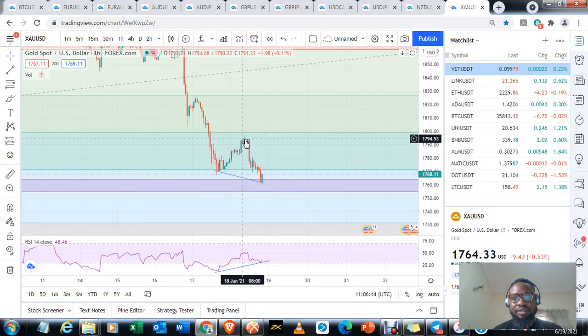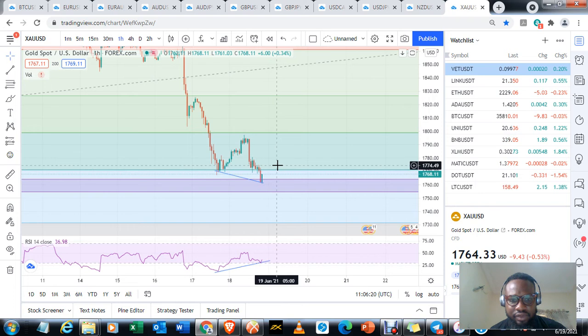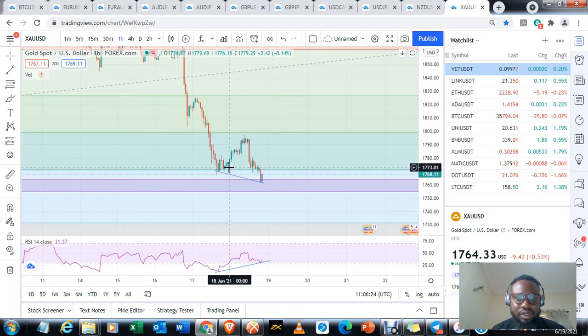So price is most likely going to go the opposite direction this way. And this just adds more confidence to the initial Fibonacci and the support zone that price will most likely pull back to the upside.